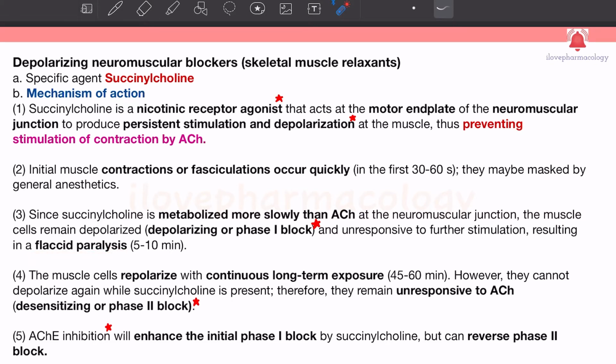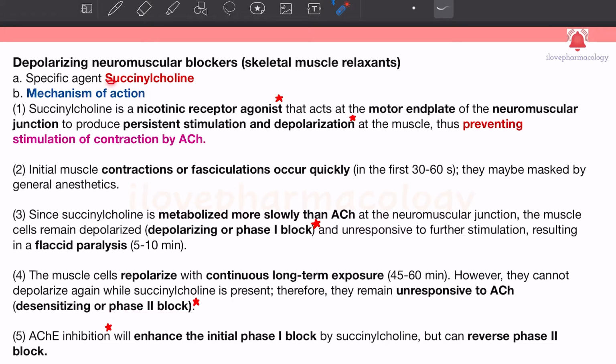Then the muscle cells repolarize with continuous long-term exposure to succinylcholine and cannot depolarize again even in the presence of succinylcholine. Therefore they remain unresponsive to acetylcholine. This phase is called receptor desensitizing, or the phase 2 blockade.